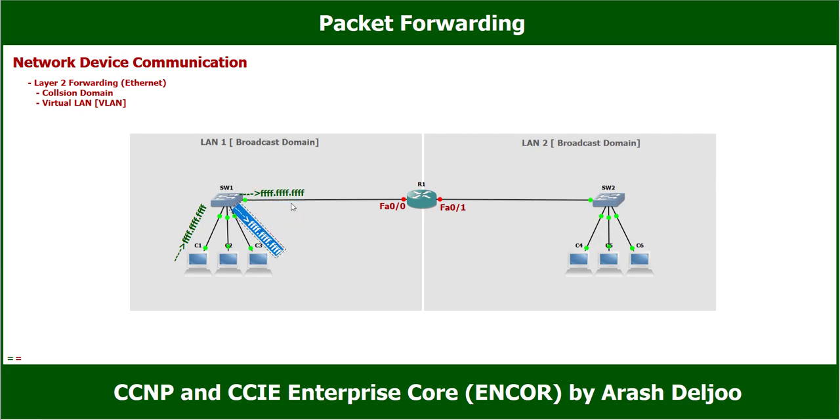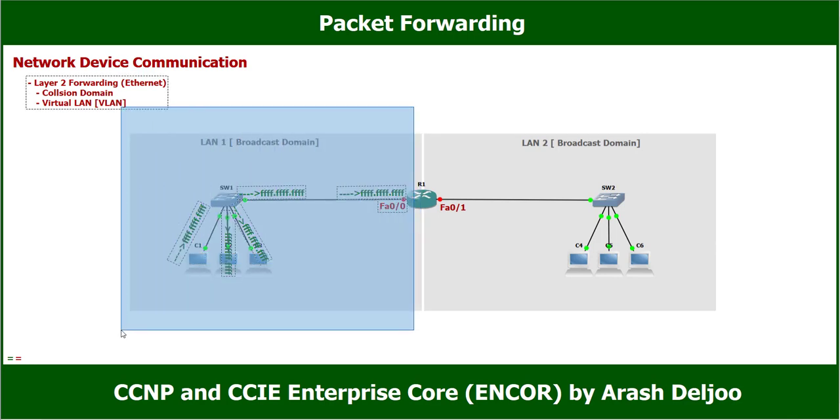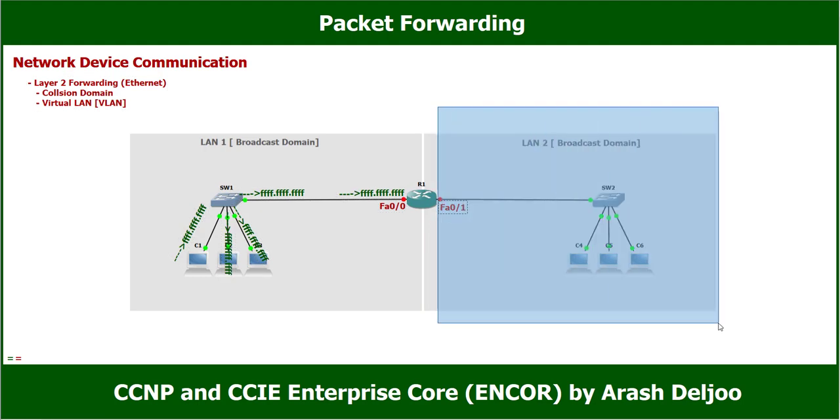Here this broadcast can reach computer 2 and also computer 3 and also the router. The router doesn't forward this broadcast from FastEthernet 0/0 to the other interface, FastEthernet 0/1. Actually, here is the boundary of the broadcast. This is the first broadcast domain and this is the second broadcast domain.